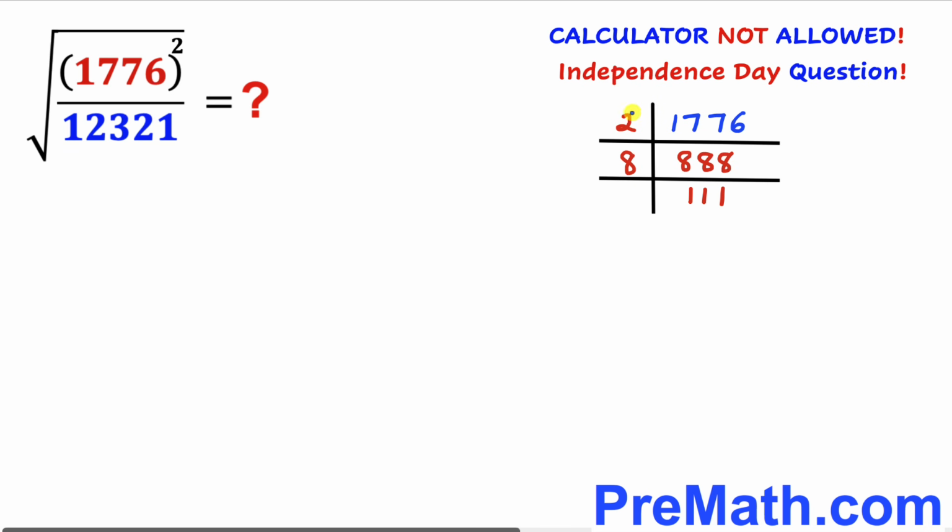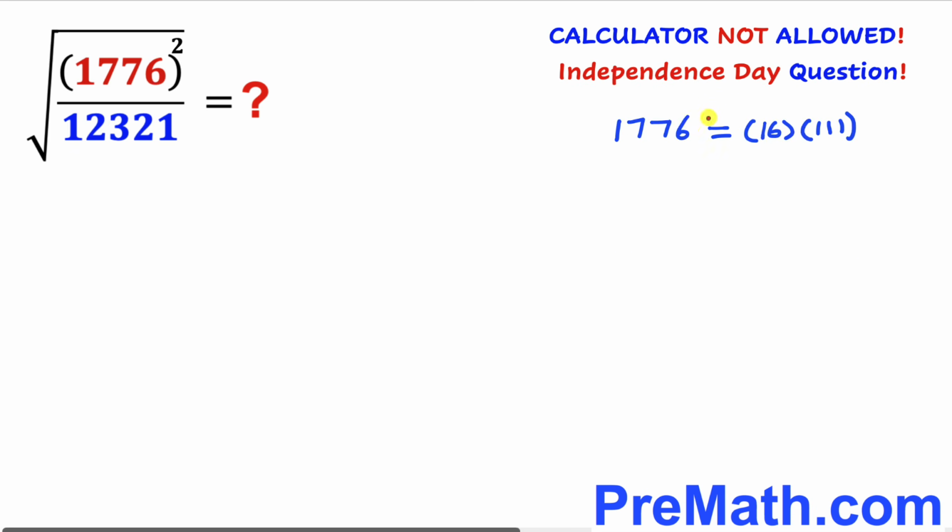We can see 2 times 8 is 16. Therefore, 1776 could be broken down into 16 times 111.